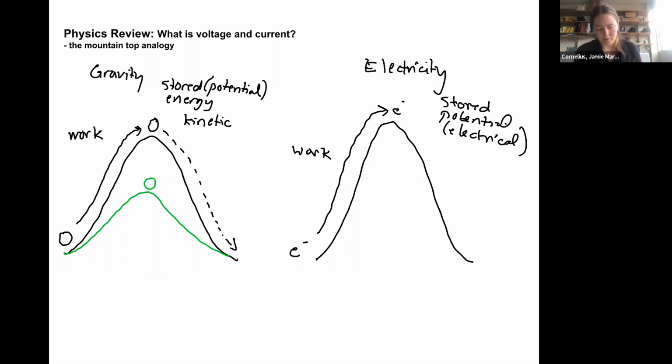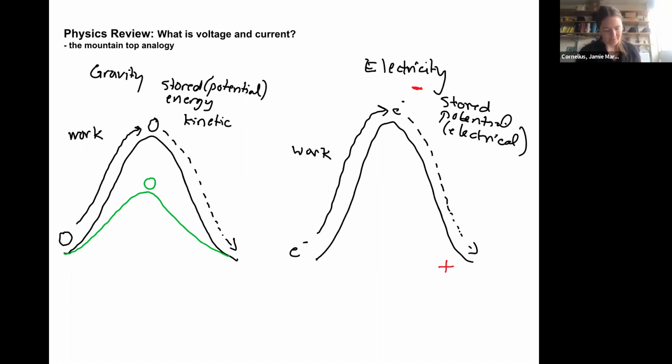And if you were to allow that electron a path to move, we could say that this is going to build up a negative charge if you're pushing electrons to one side, and so thereby the other side is going to have a positive charge. And so if you allow that electron to move wherever it wants to go, it's going to move down the hill, down the electrical gradient. And you can again have it do work on its way as it bumps into things, interacts with things in the cell.